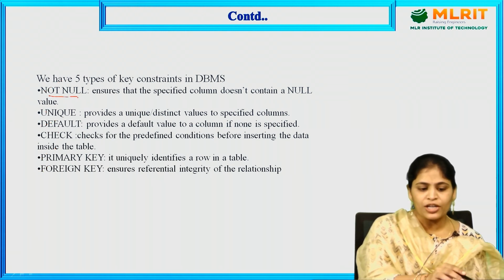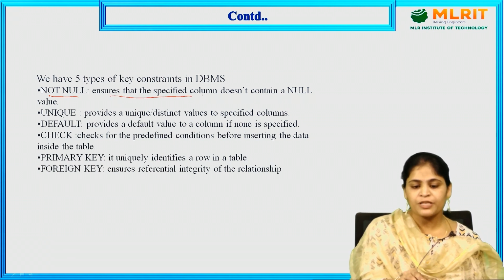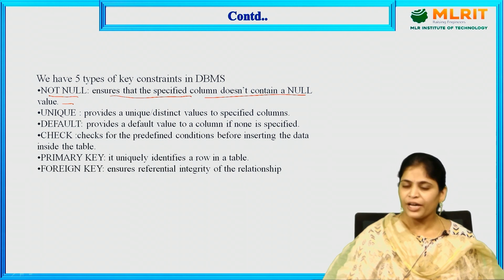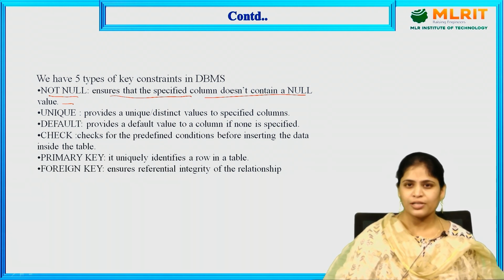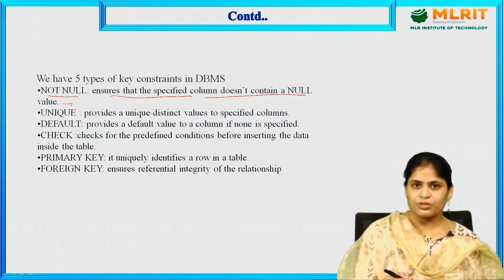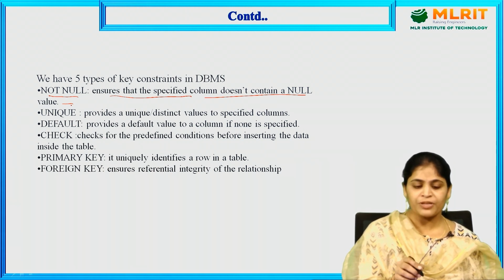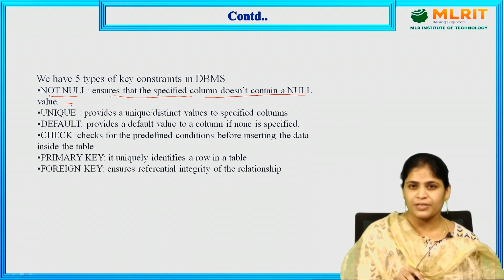What is not null? It ensures that the specified column does not contain null values. That means we have to enter a value, either duplicate values or some other values, but we must ensure that the data is present.